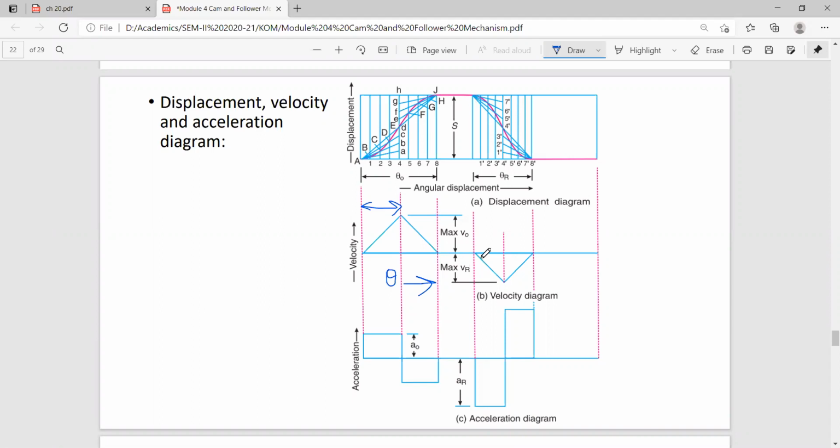Then for return you can draw the velocity in this direction like this, because the follower motion is in opposite direction, so its velocity has an opposite direction. Then you know acceleration is constant.